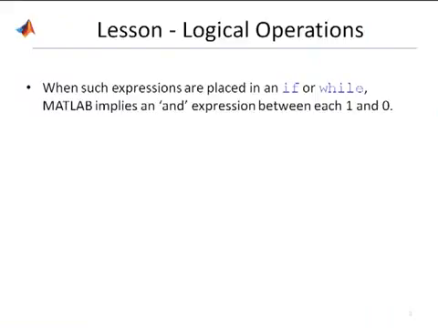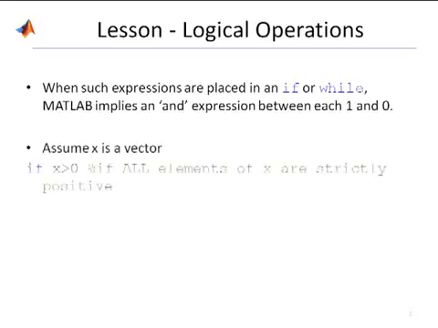When such expressions are placed inside an if or a while loop, MATLAB implies an AND expression between each 1 and 0. We're obviously getting back a bunch of zeros and ones. So MATLAB looks at all of them and puts an AND statement between each. So it ends up being if all the elements of x are strictly positive, or while all the elements of x are strictly positive.